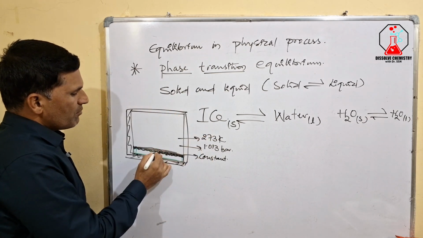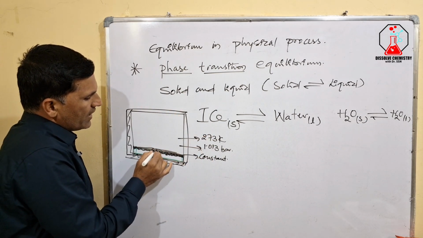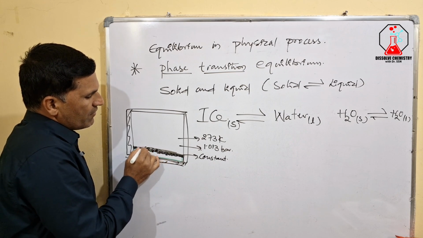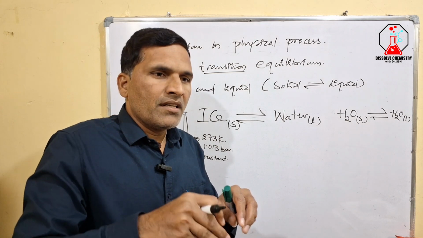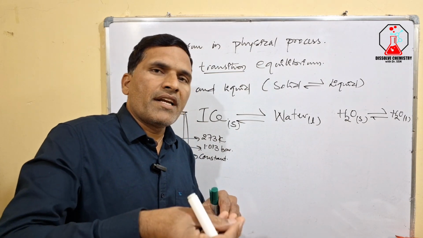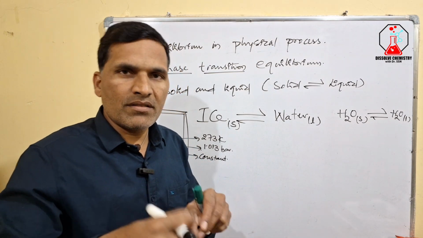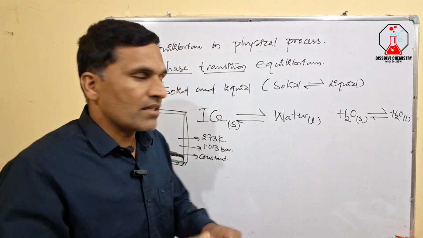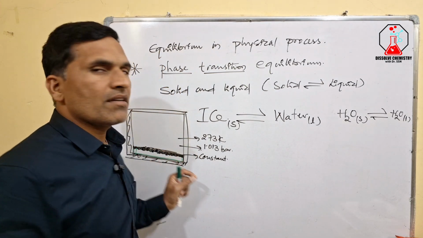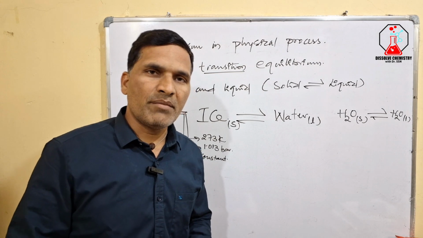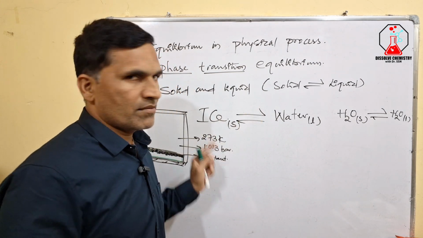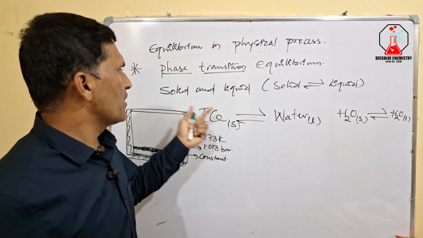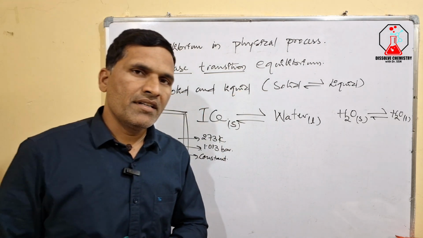In the meantime, a number of molecules are escaping into the liquid phase, and as the rate of getting into the liquid phase and the rate of molecules getting into the solid phase are equal, because of that reason only the quantity of the water and quantity of the ice is remaining constant. So that is how we explain the equilibrium between solid and liquid.